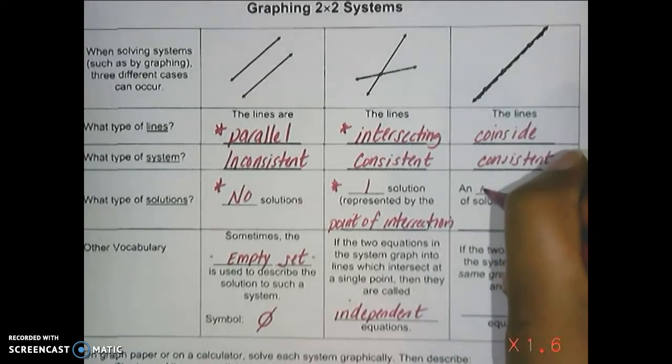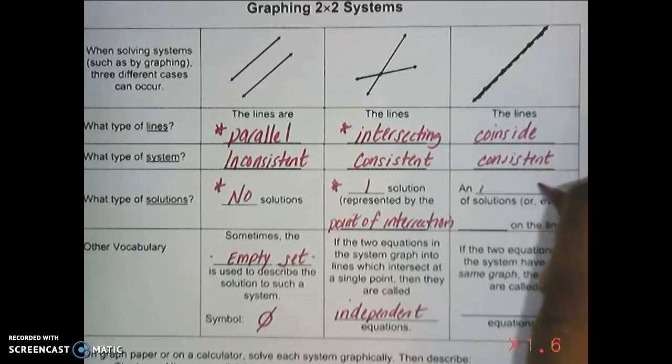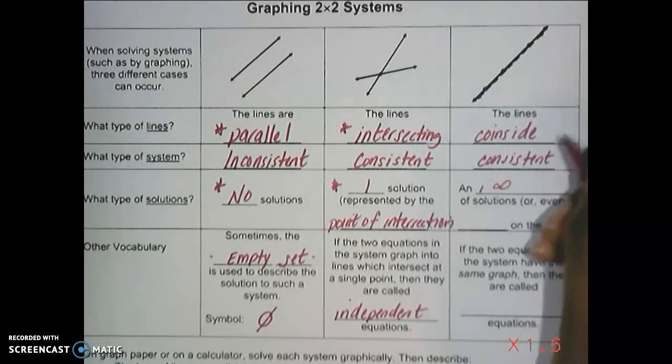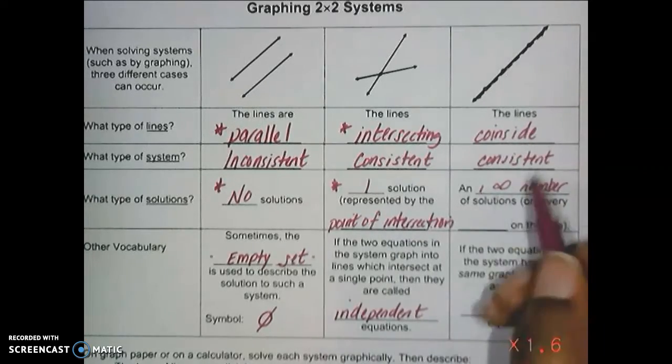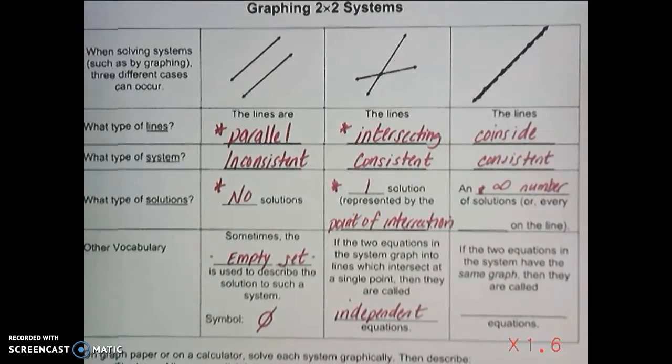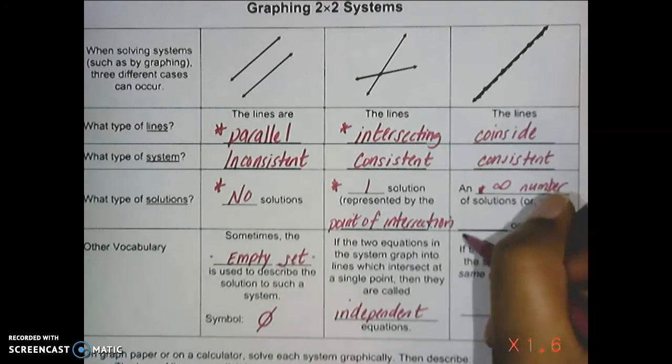Every single point. I'm going to put an infinity sign. I started to spell it out. An infinite number of solutions are every point on the line.